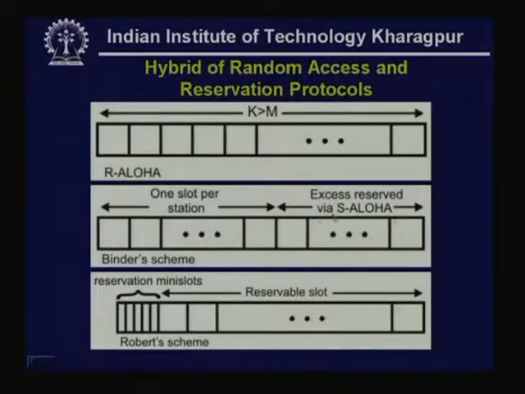That means this part is acquired by contention based techniques. This is the Binder scheme. In Roberts scheme, as we know, a separate slot known as the reservation slot is used for performing reservation, and then data can be sent in different slots.